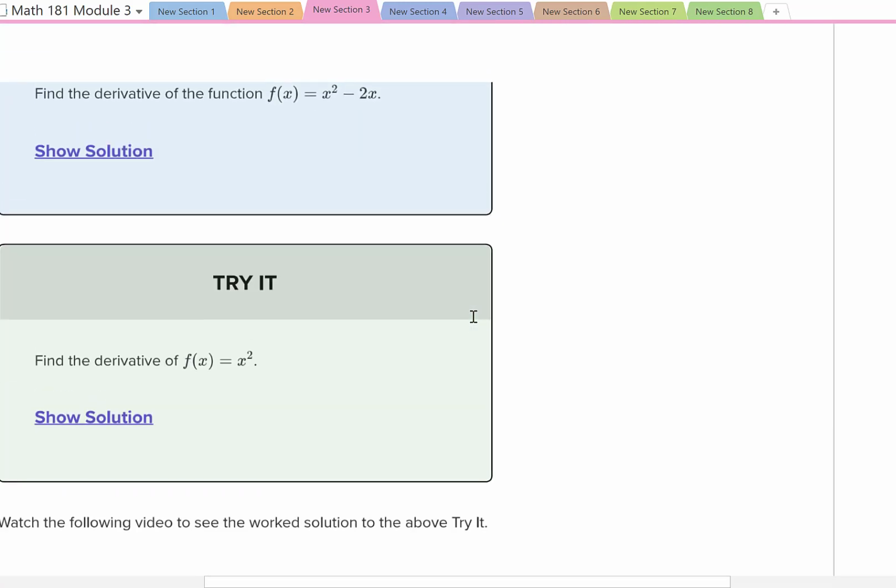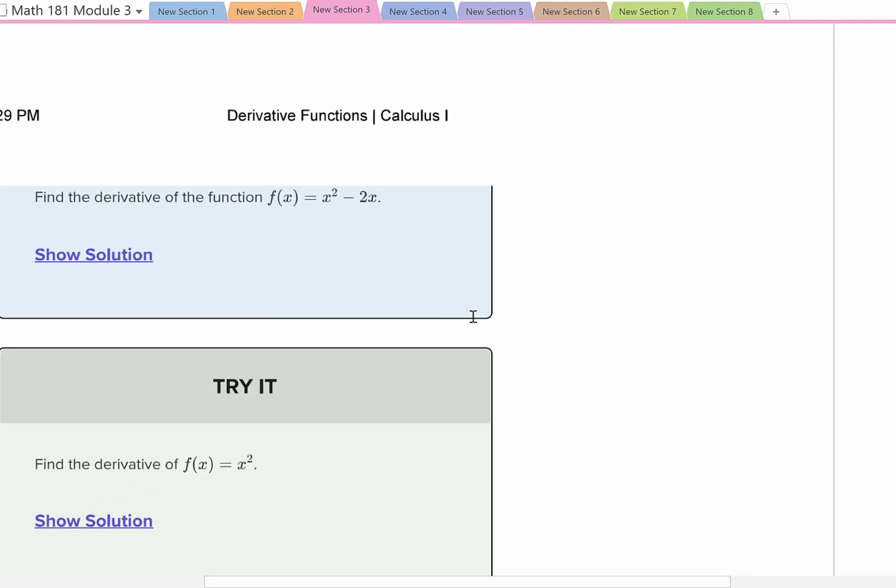Let's try another one. Find the derivative of the quadratic function. So I got a little more space I can work with up here. So we're going to look at the limit again as h goes to 0, looking for f prime of x, of f of x plus h minus f of x all over h.